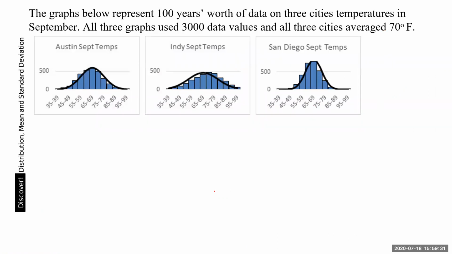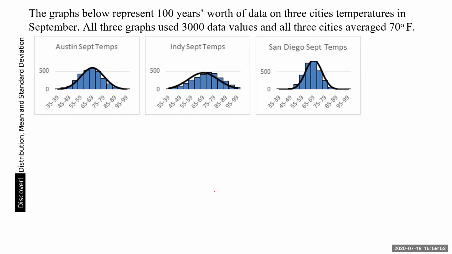All right. Now, this is leading us into a conversation about what we call standard deviation. The graphs below represent 100 years' worth of data on three cities' temperatures in September.